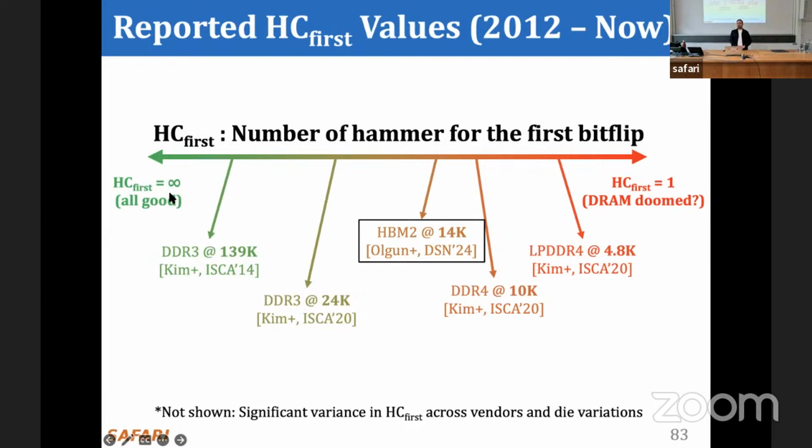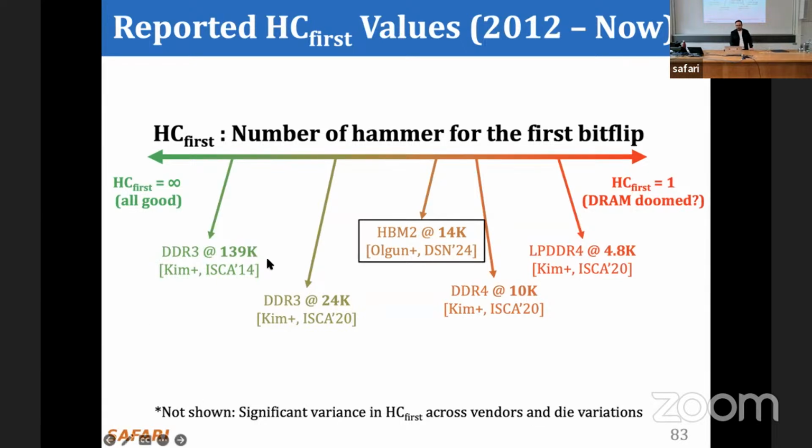So no matter how much you hammer, you do not incur any bit flips in your DRAM chip. And on the right-hand side, HC first is 1, which is like DRAM is doomed. Every access results in a bit flip. So this is the spectrum we have.